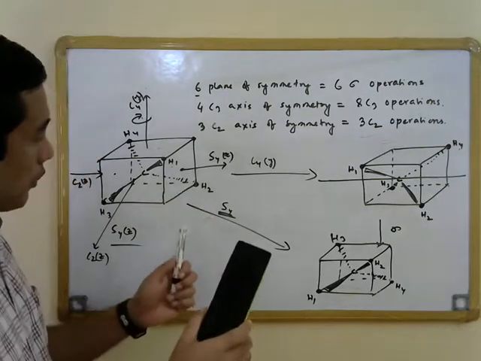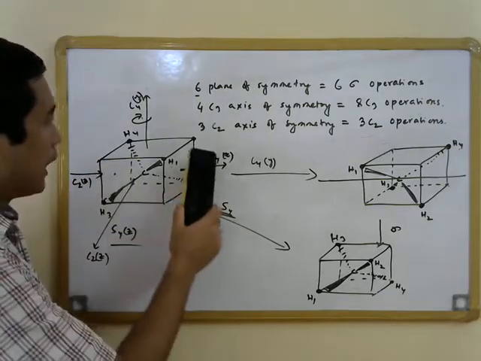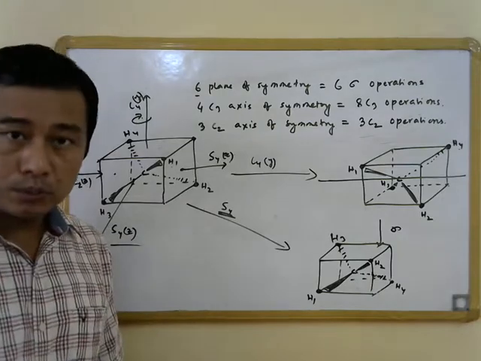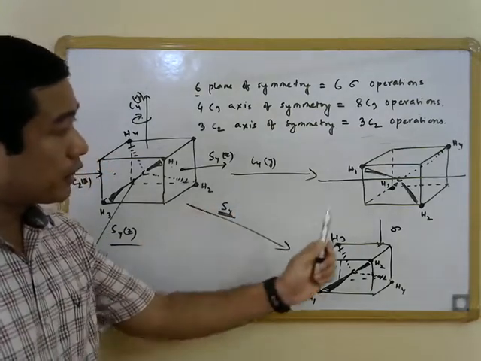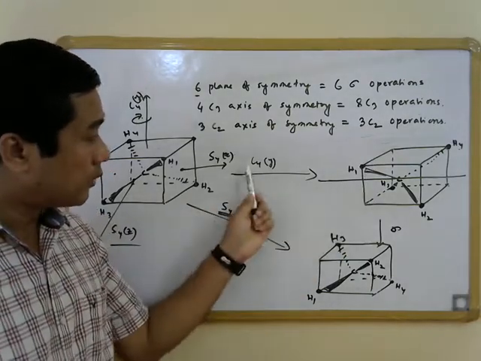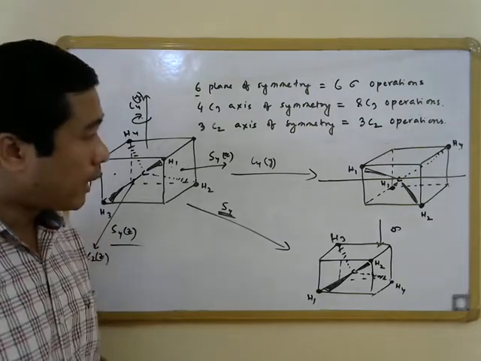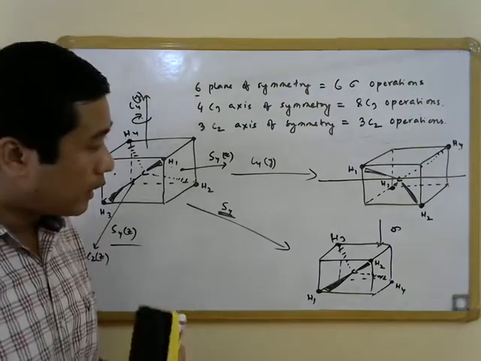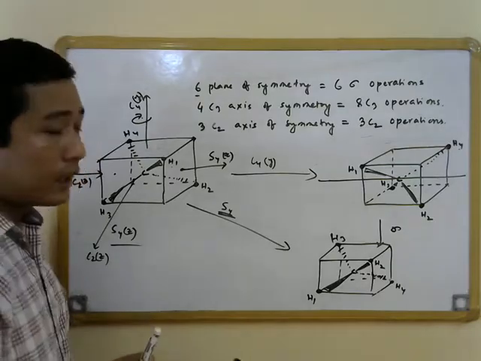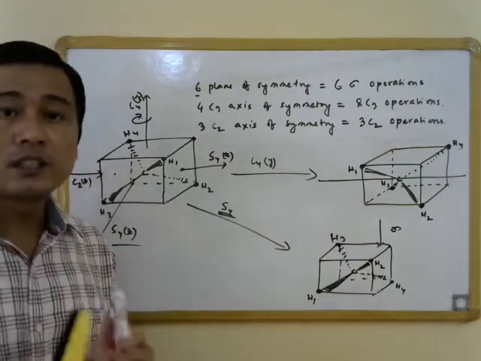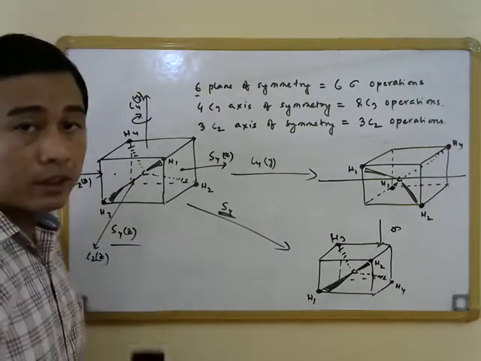So you should do it for both S4x as well as for S4z. You should draw the configuration after doing the C4 as well as after doing the sigma, and then see whether the final configuration that you obtain is indistinguishable from the initial configuration of the tetrahedron or not.